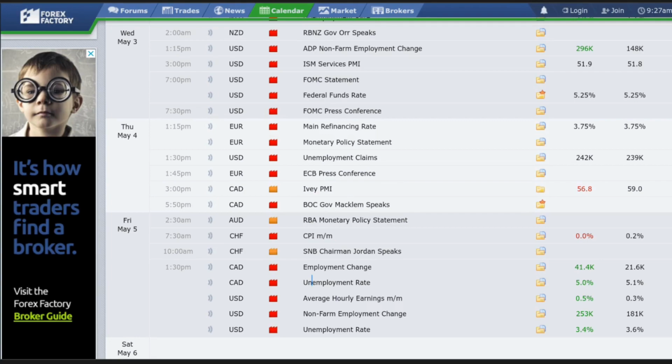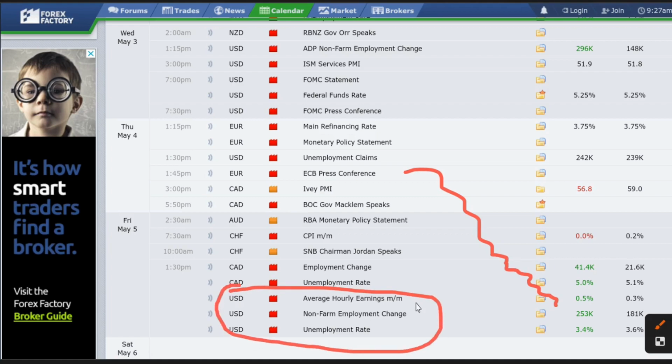So these are all the factors that the market took into consideration, and we had the decline in the dollar last week to the downside, even after the better than expected report of this number.